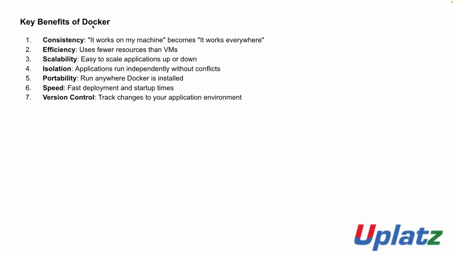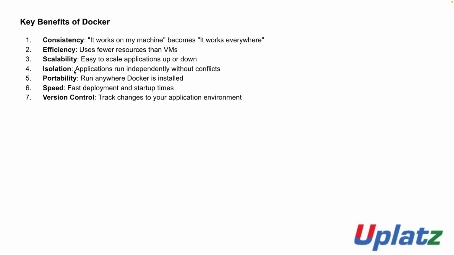Key benefits of Docker. Number one, consistency: "it works on my machine" becomes "it works everywhere." Number two, efficiency: uses fewer resources than VMs. Number three, scalability: easy to scale applications up or down.